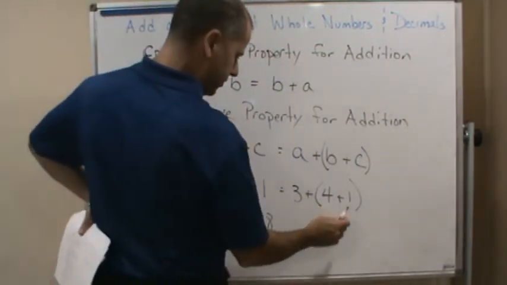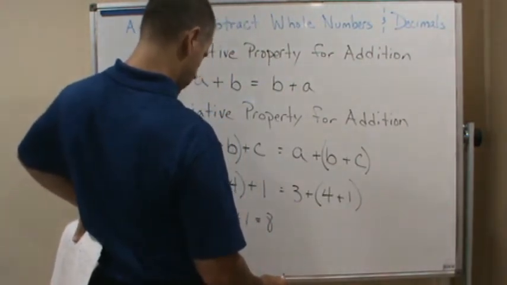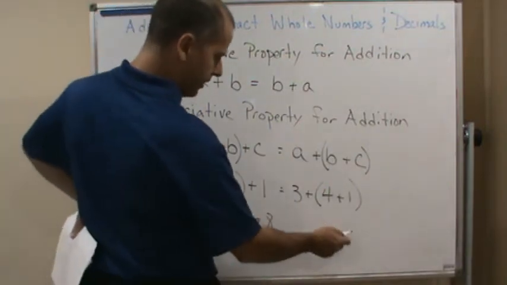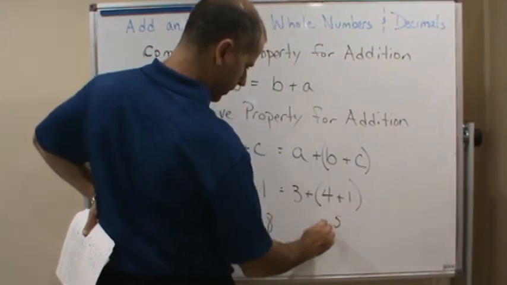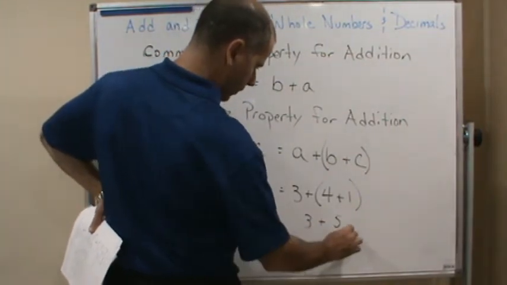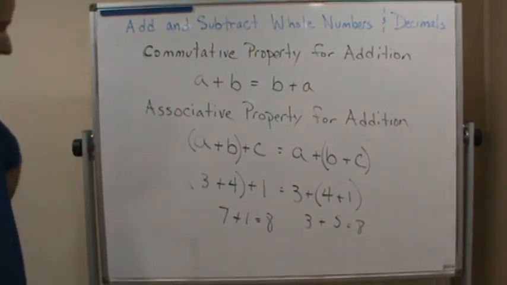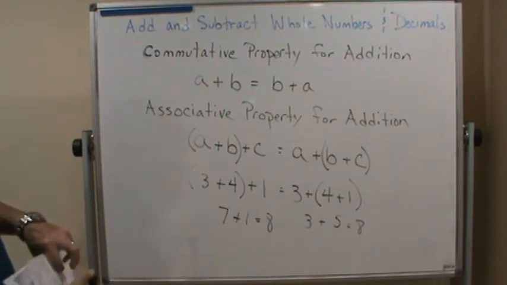Or if I add these two first, that gives me 5, which is still going to give me 8. That's an example of how the associative property works for addition.